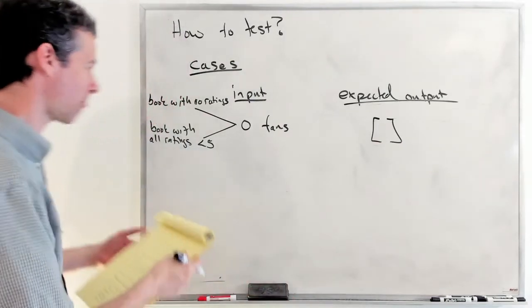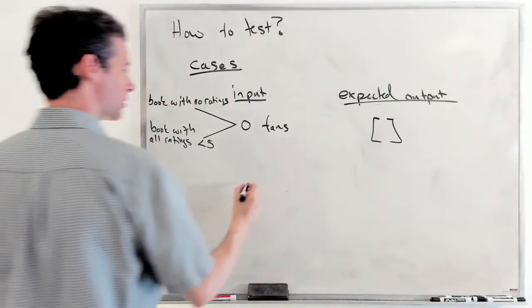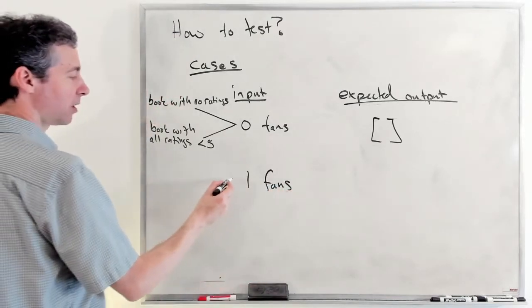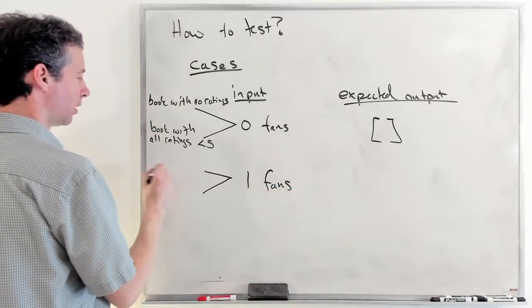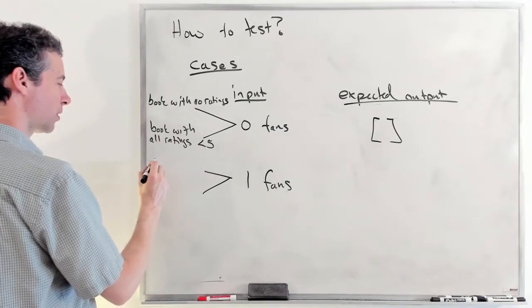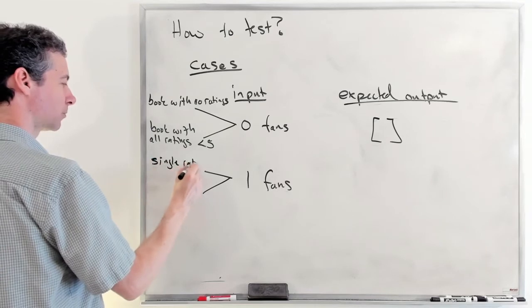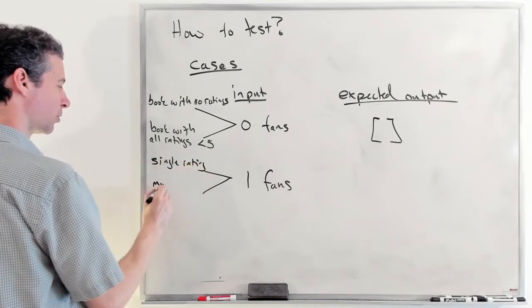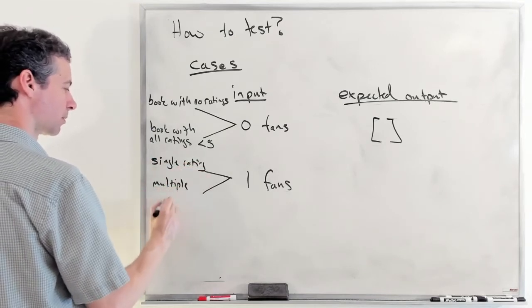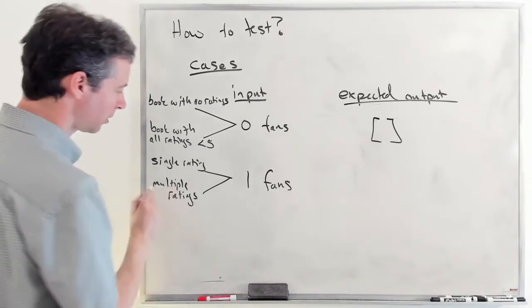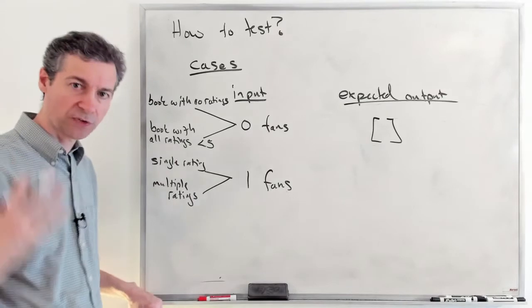All right. Next, I need something that has 1 fan. And again, if you wanted to be thorough, you could break this up into a book with a single rating, and then multiple ratings. But in each case, there's only a single fan.